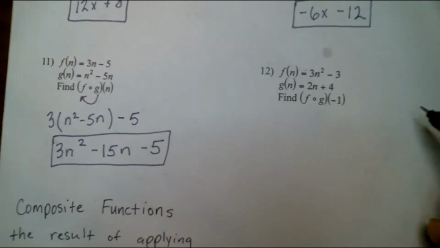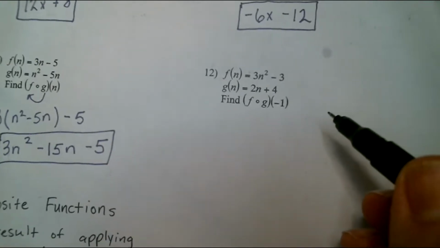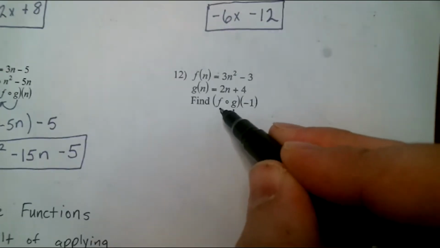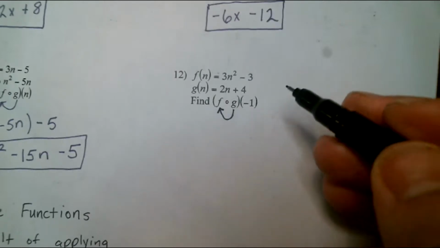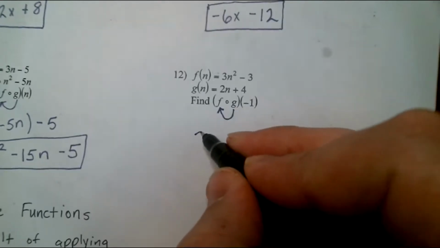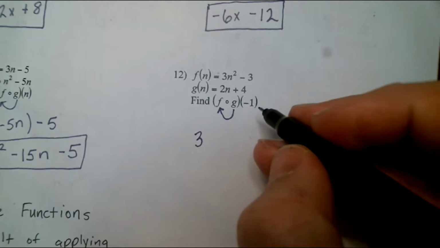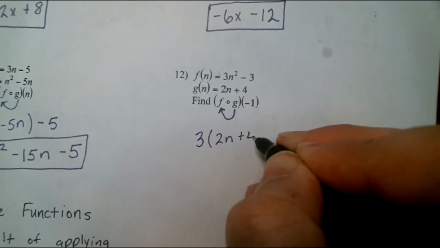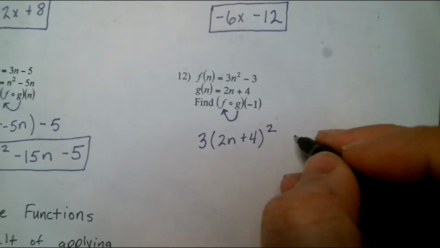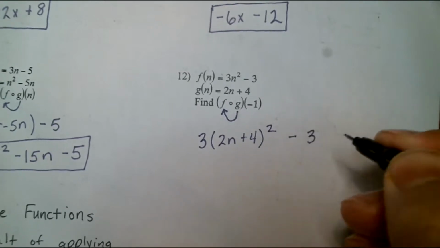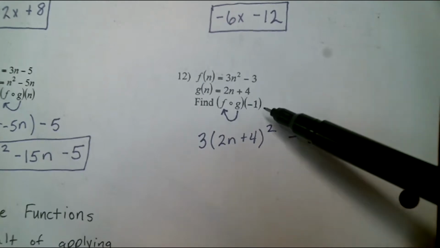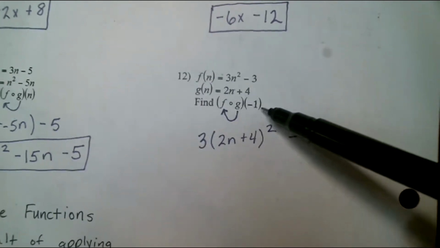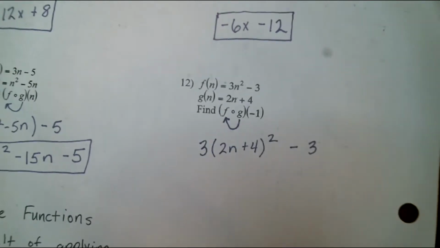Okay? Last one, number 12. F compose G. Put G into F. So 3 times 2n plus 4 squared minus 3. Now notice we're not solving this for n here. We're solving it in terms of -1.